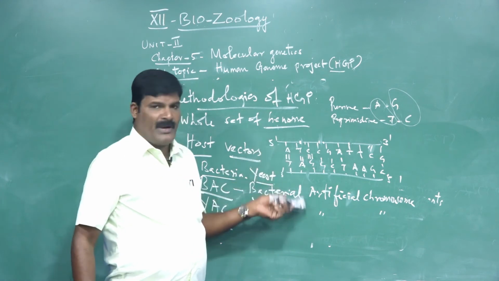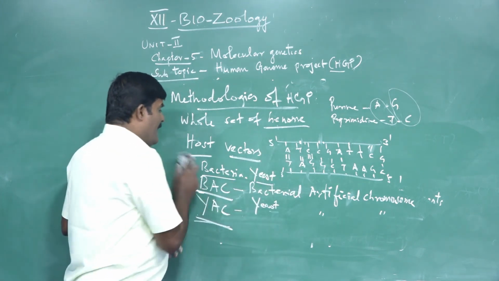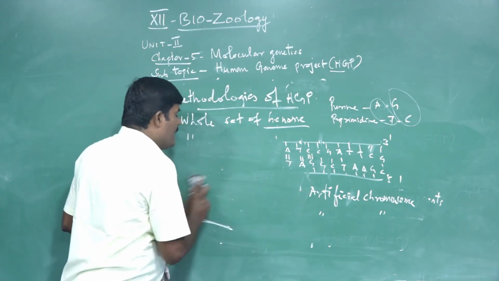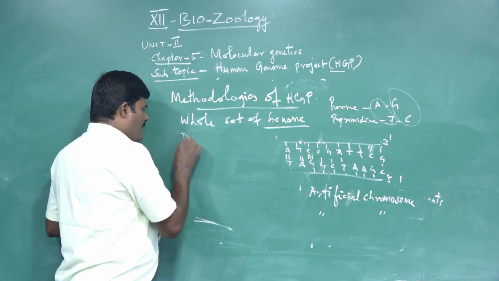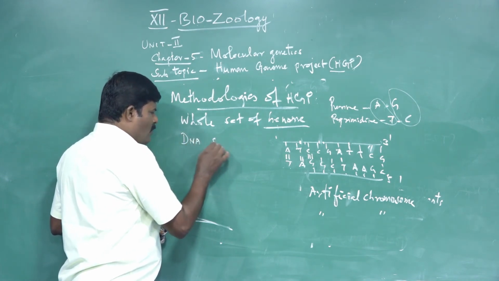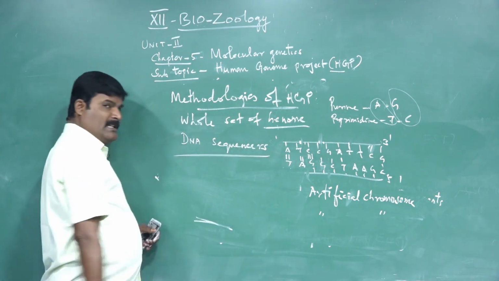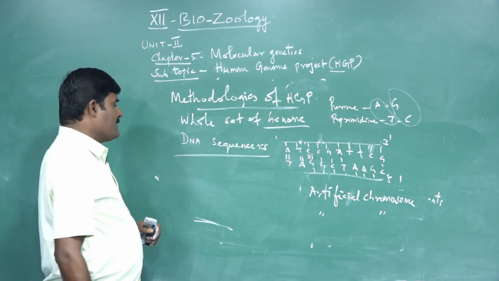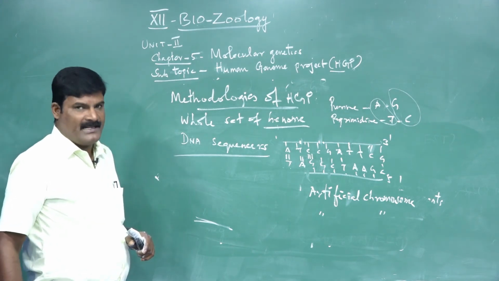These are called sequences, by using computers, by using automated DNA sequencers. This is otherwise called Sanger DNA sequencers.